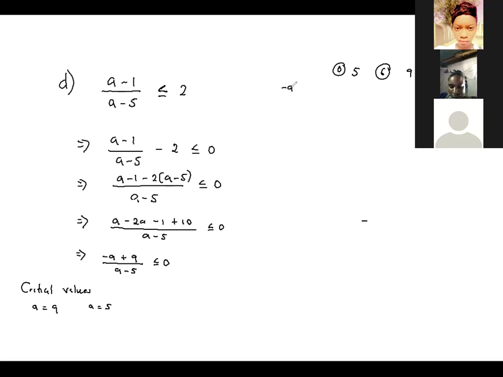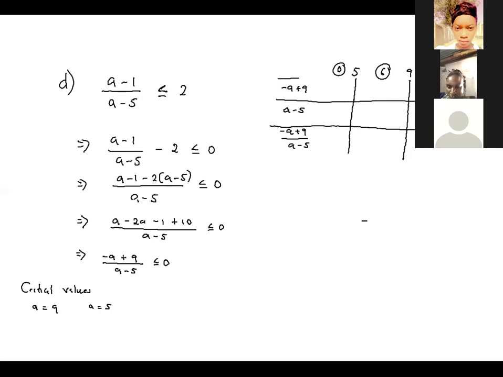And then we have negative a plus 9, we also have a minus 5, and we have the whole quotient. So we can test. So I can even do this where I block the intervals like that.